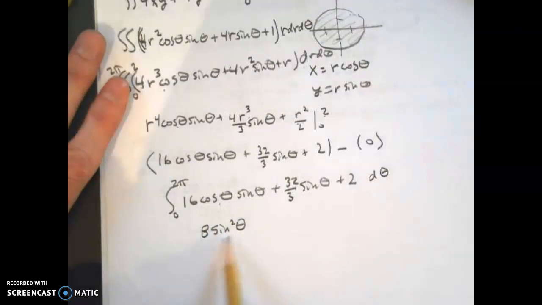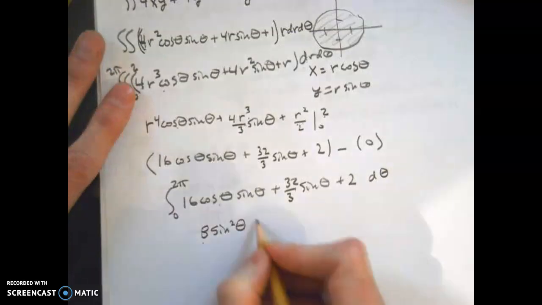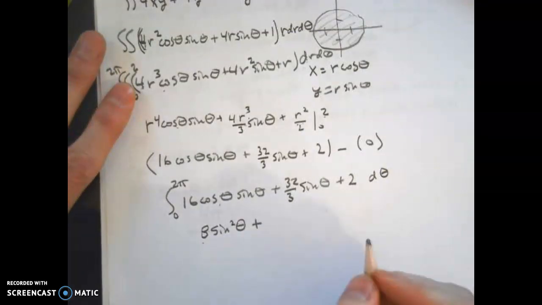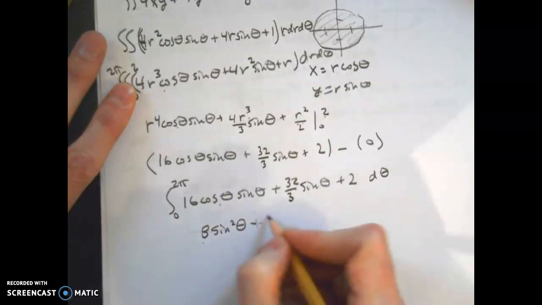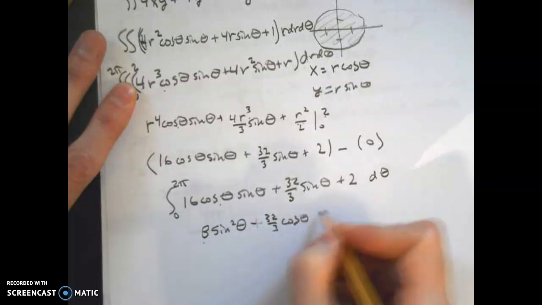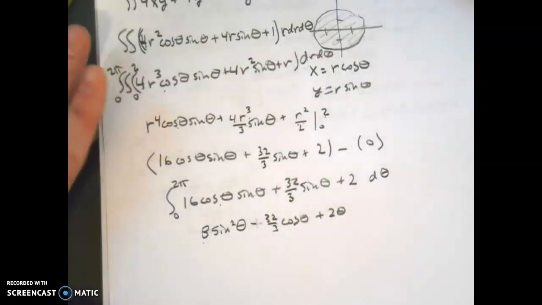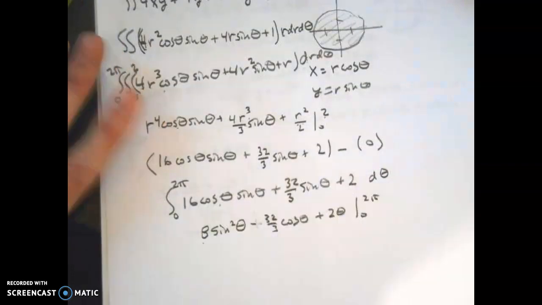Let's double check that. That's going to be 8. Yep, that's right. Plus minus 32 over 3 cosine theta plus 2 theta from 0 to 2 pi.